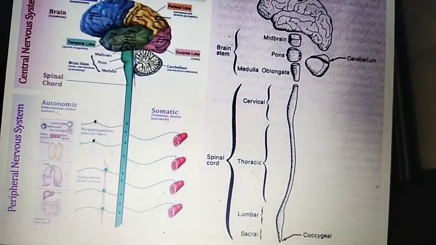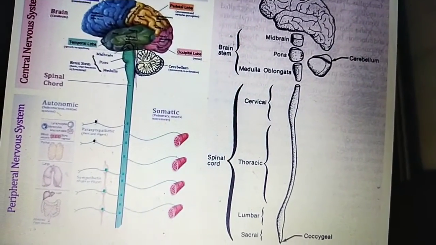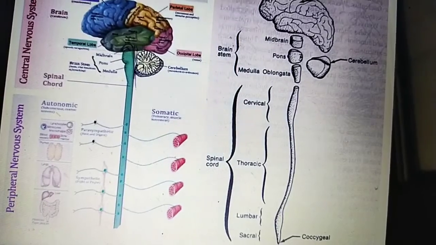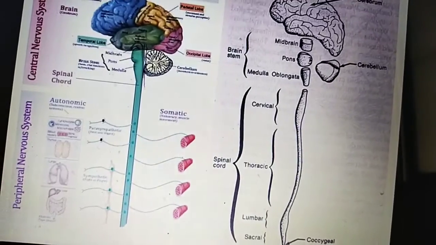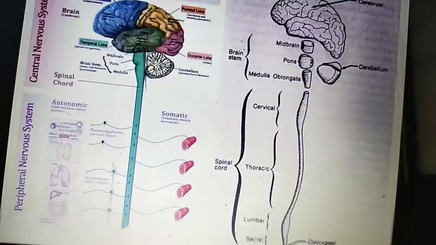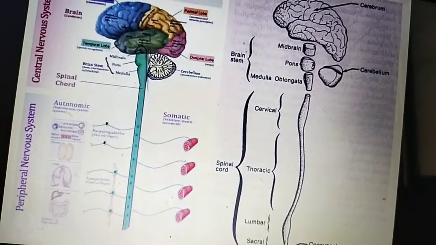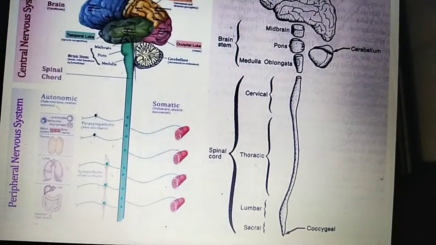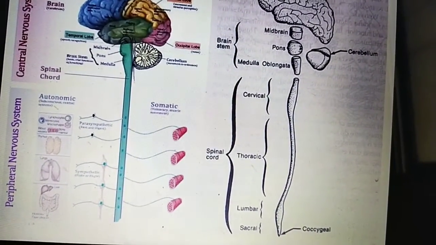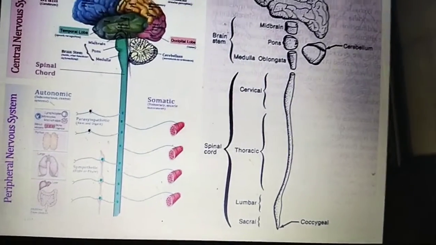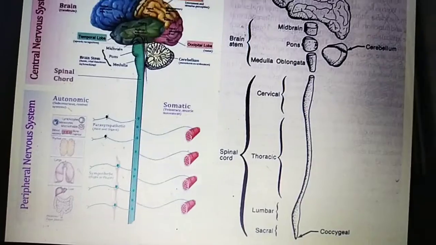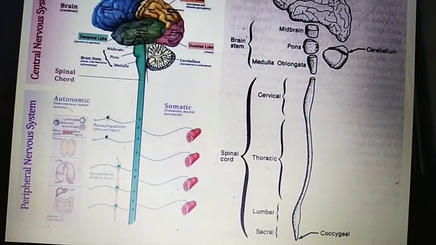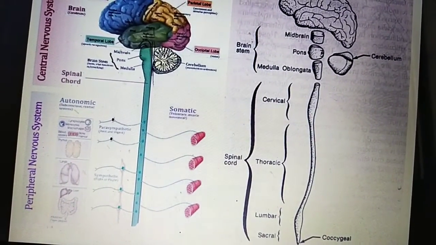In humans, the spinal cord begins at the occipital bone, passing through the foramen magnum and entering the spinal canal at the beginning of the cervical vertebrae.